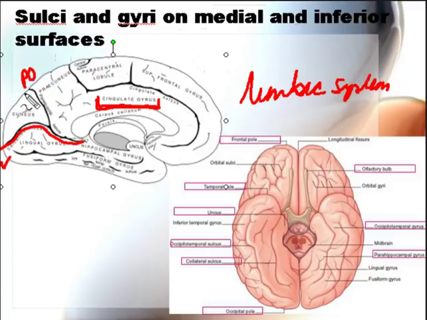This is the one which you saw peeping on the lateral surface. In between these two is an area which is called the cuneus, and this belongs to the occipital lobe. The area in front of the cuneus is called precuneus.